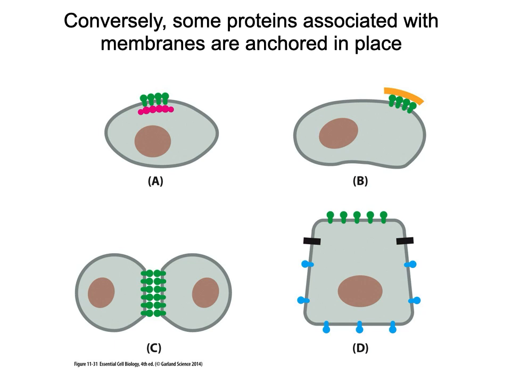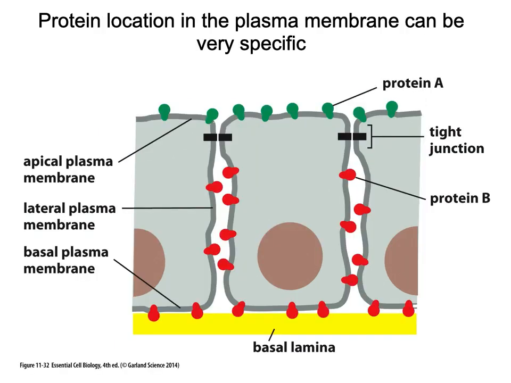Looking more closely at panel D, we want to keep in mind that cells have their function. We have specialized cells in our body, and depending upon their function, they may have different distributions of proteins. This would be an epithelial cell, making up a tissue, so we're going to have these tight junctions that anchor these cells to each other.